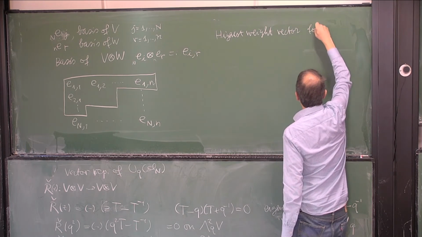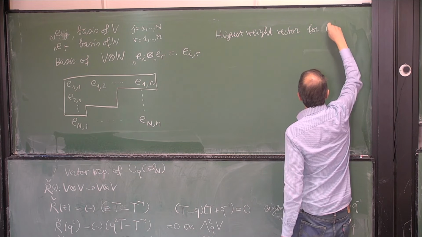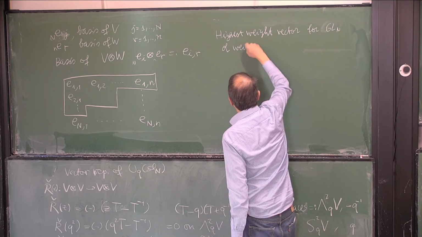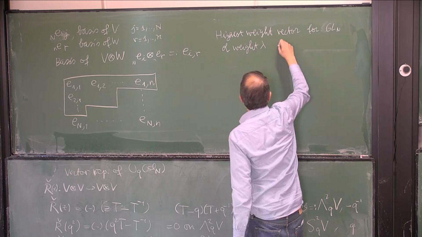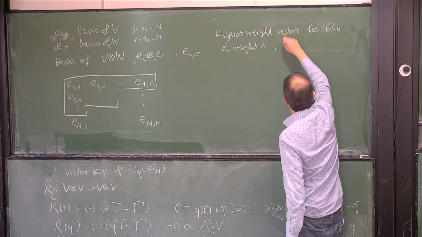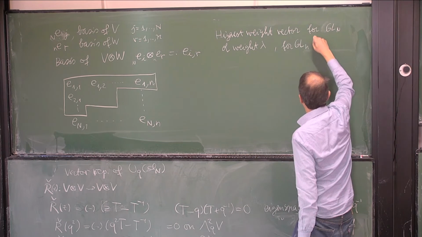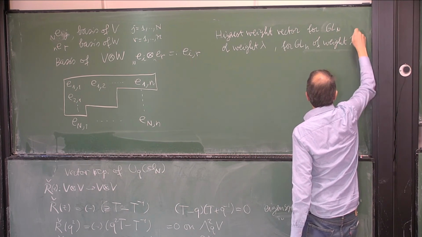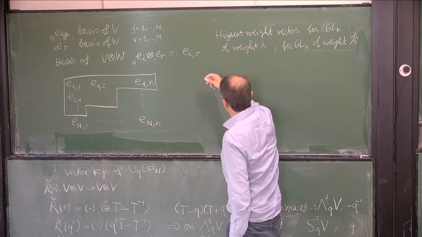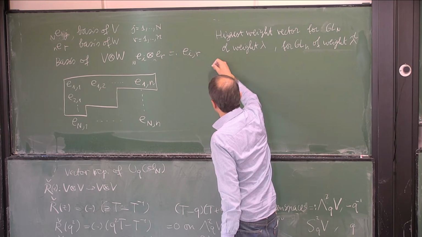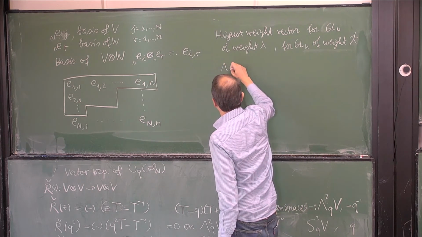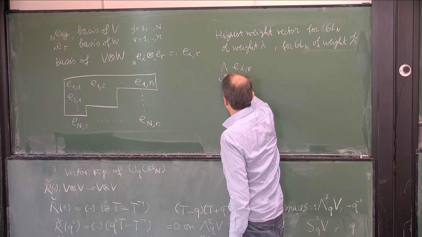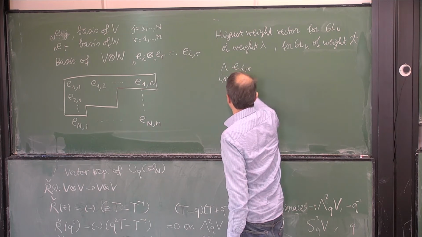So the highest weight vector for GL_N of weight lambda and for GL_n of weight lambda transpose is a wedge product of e_ir, where the box ir is inside lambda.